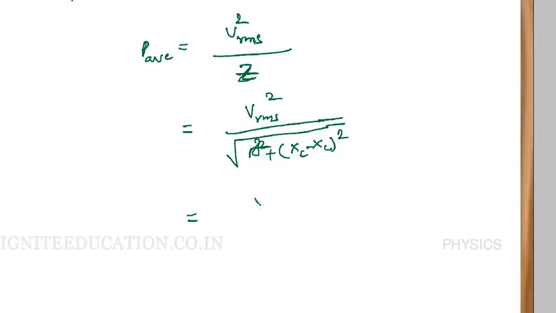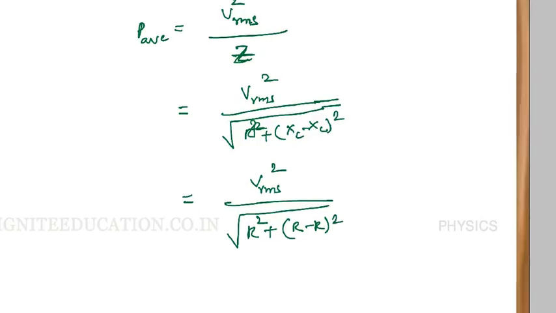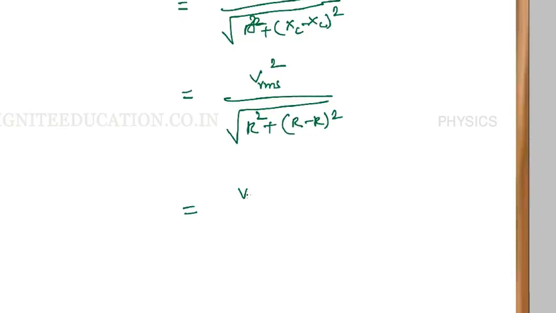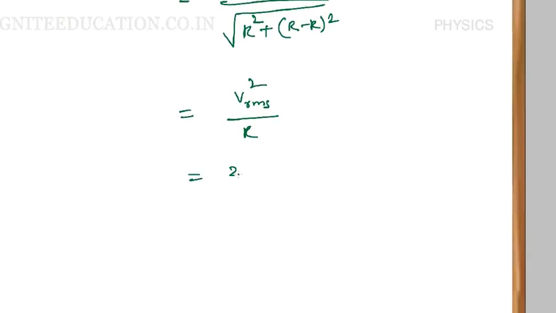So P average is Vrms square divided by root of R square plus, here XL is the same as XC, so R minus R whole square. This gets cancelled, so the remaining thing is Vrms square by R. Vrms is 200, so 200 into 200 divided by R, which is 200. So that is equal to 200 watts.